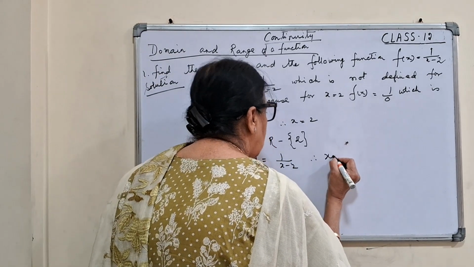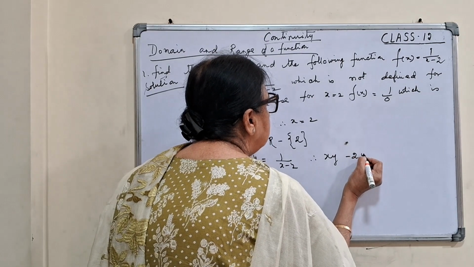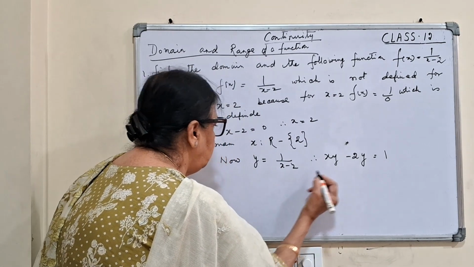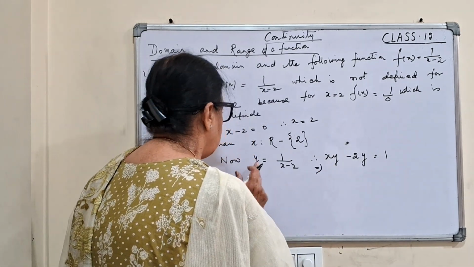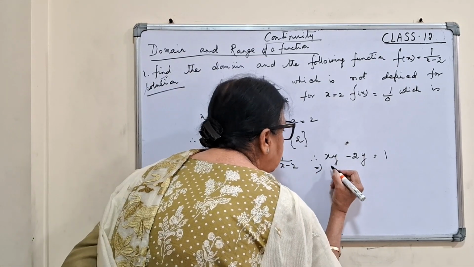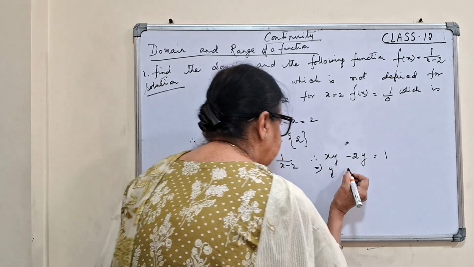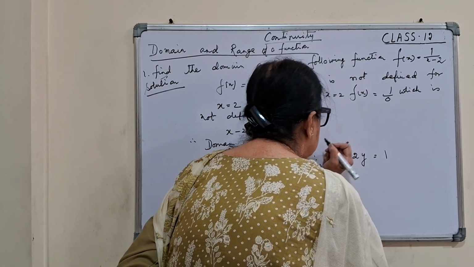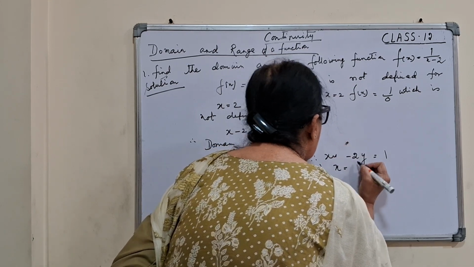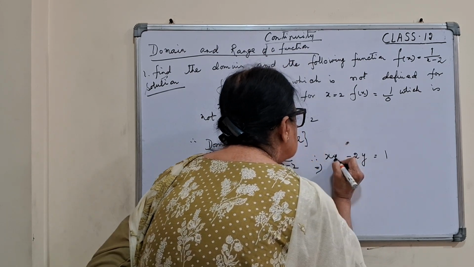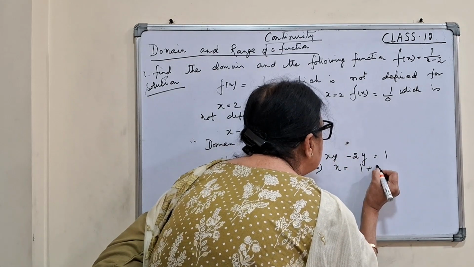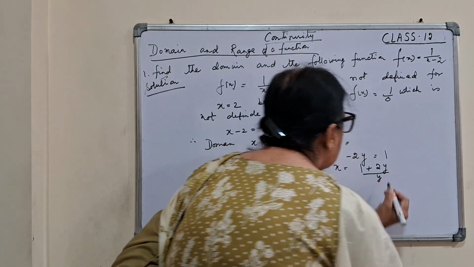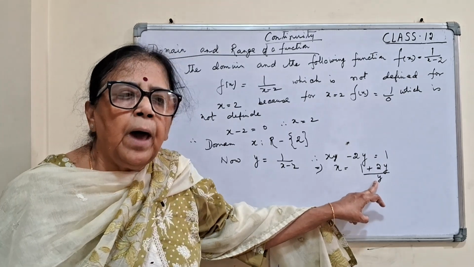Therefore xy minus 2y is equal to 1, which implies x equals (1 plus 2y) divided by y. Now, where is this defined?